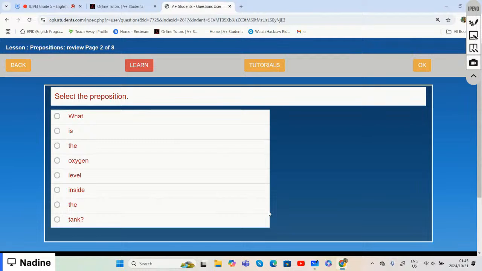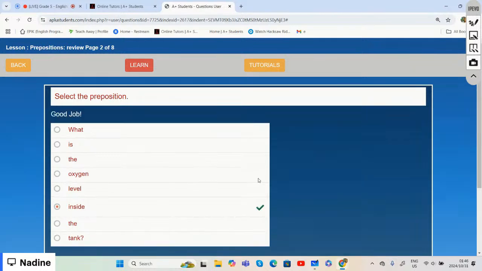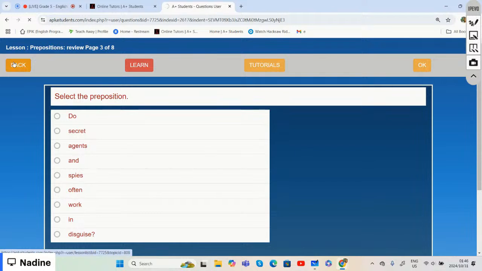If we were to select the preposition, it is "inside".